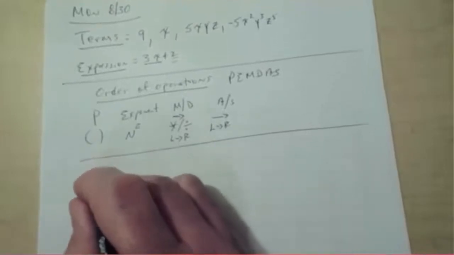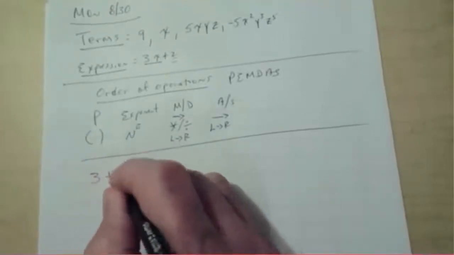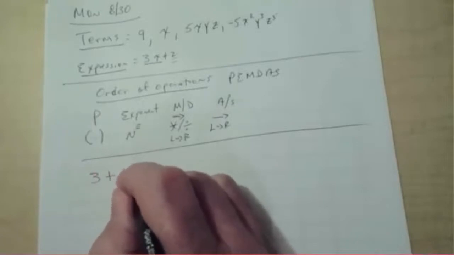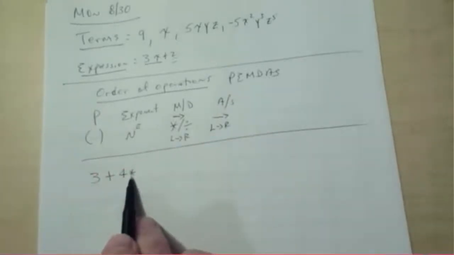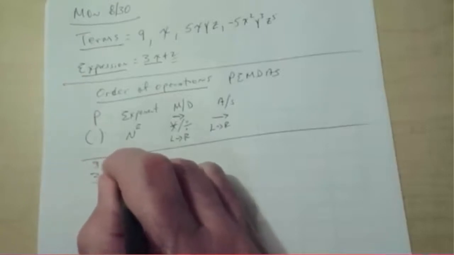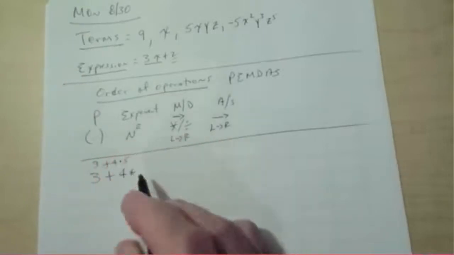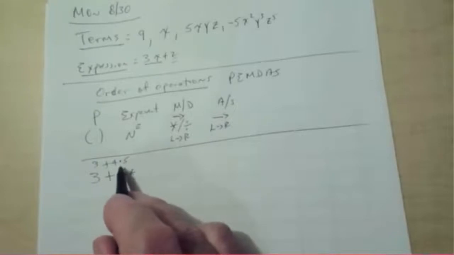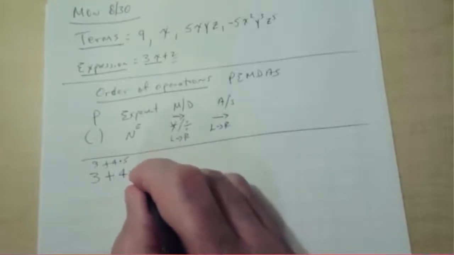So if we have 3 plus 4, before I forget, never use x for multiplication anymore. Either use the asterisk or a raised dot. So 3 plus 4 times 5.